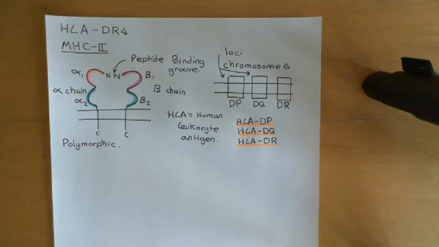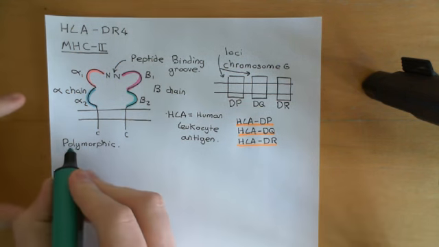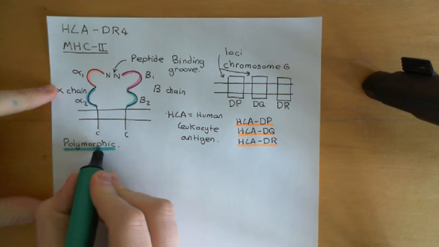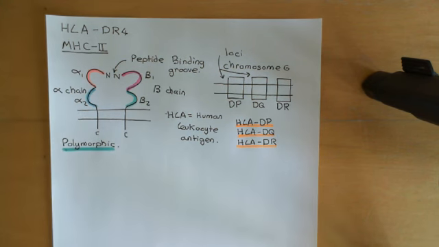And in different people, you will have different alleles for HLA-DP, HLA-DQ, and HLA-DR, and therefore you will be producing different HLA-DP, HLA-DQ, HLA-DR molecules. So different people in the human population have very different MHC Class 2 molecules, basically, of the 3 different types. Okay, that is what is meant by polymorphic.